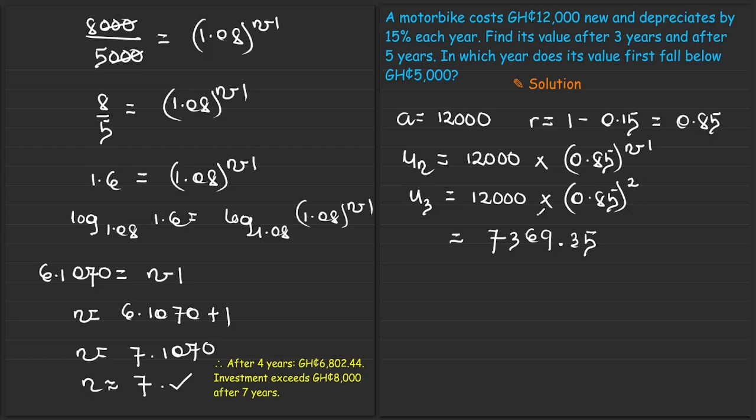So you just punch this on your calculator, you are good to go. Then for the U5, it is also going to be 12,000 times 0.85 all to the power N, which in this case is 5. So 5 minus 1, giving us a 4. So with that we have what?